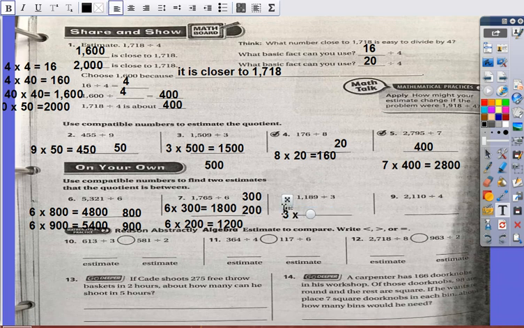3 times what is close as I can to 11? Well, I know that 3 times 4 is 12. Okay, and since we're dealing with the thousands. Okay. Then my next one, 3 times, let's see, 3 times 5 is 15. That's too much. That's too far.